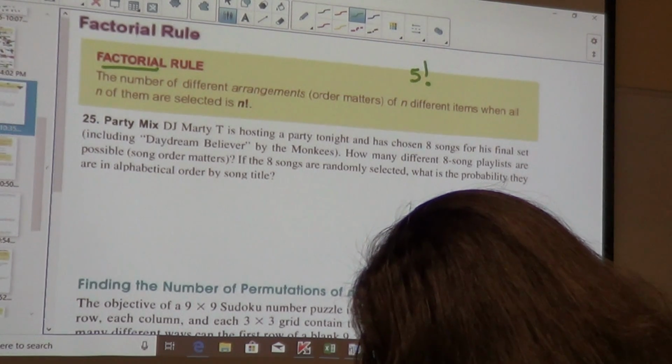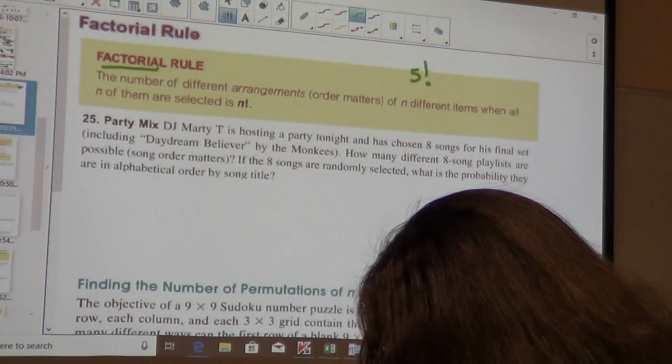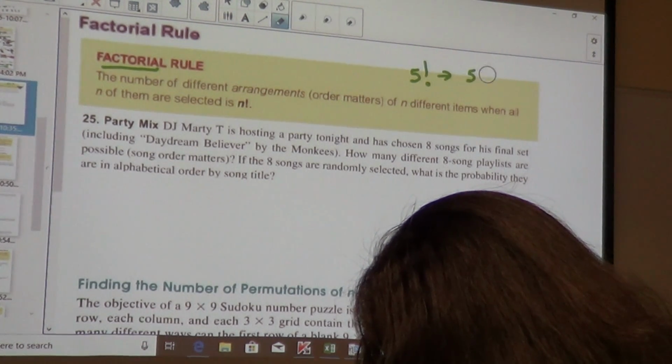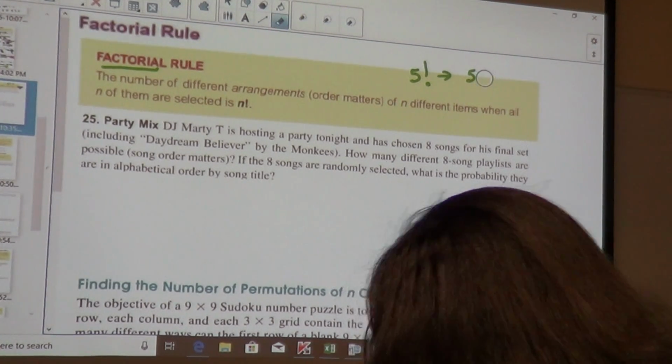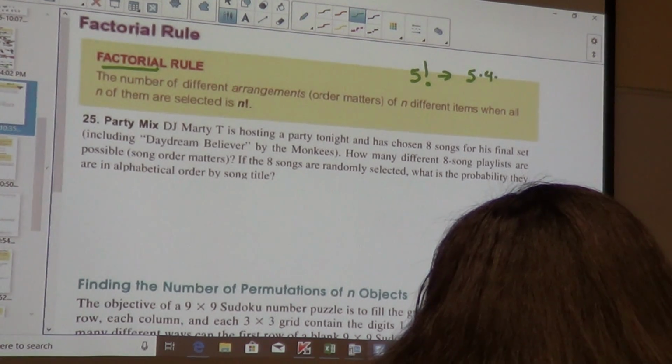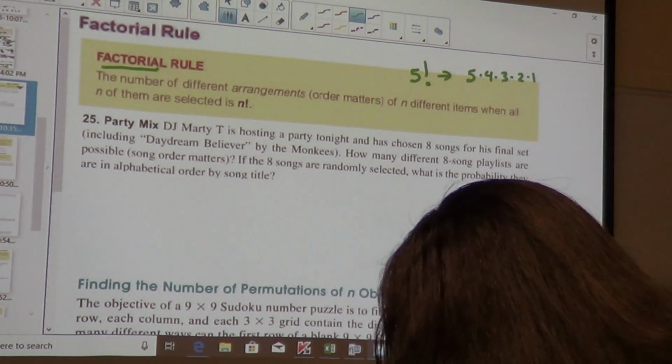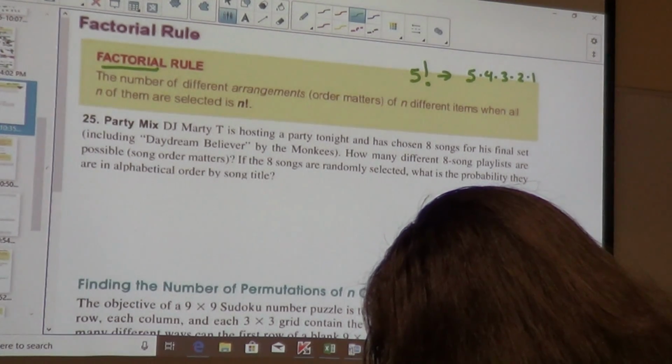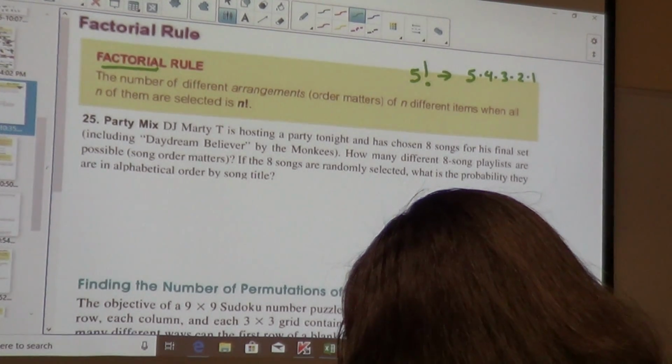It doesn't mean that it's happy or excited. Okay? Factorials in math means that you're going to start with that number, so you're going to start with 5, and you're going to multiply it by every number that's behind it. So you're going to do 5 times 4 times 3 times 2 times 1. So 5 factorial means 5 times every number below it.